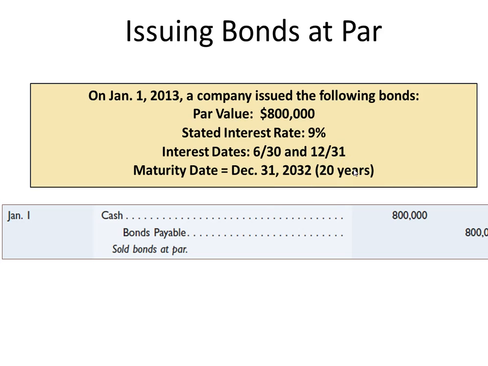And the journal entry is fairly straightforward. They're receiving cash from the investors, and they now have a bond payable. Sold bonds at par. I would add more information, for instance, the rate and so forth on there to help, especially if there's more bond offerings coming out.